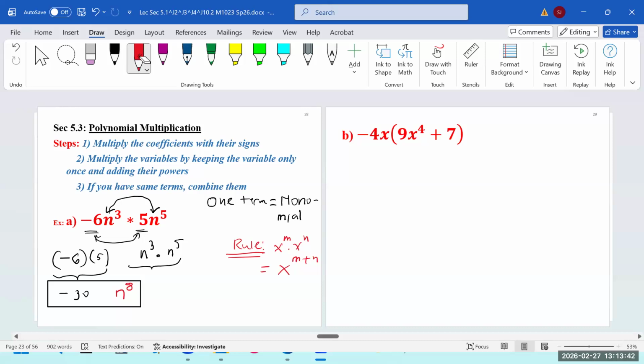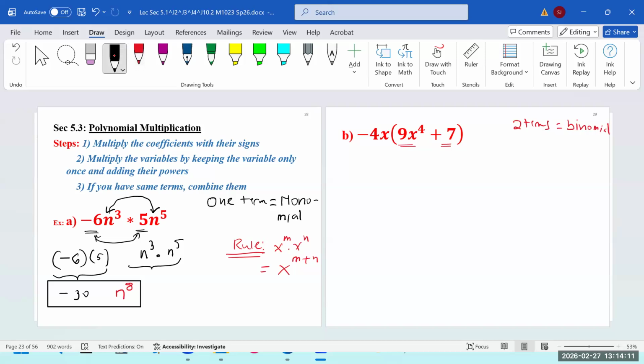And now you have a monomial and a binomial. So two terms are called binomials. This is our one term, this is our second term. So multiplying monomial with binomial. Can you guess what you're going to do? Distribute.